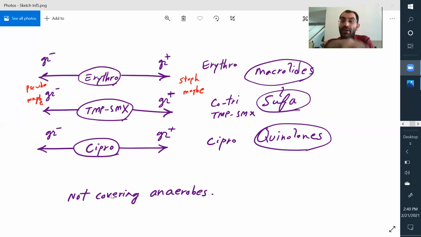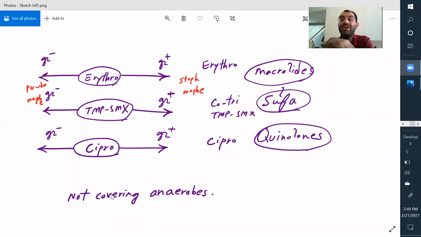Another one, we never use Cipro for the management of CAP, community-acquired pneumonia. Why? Cipro is a fantastic antibiotic. It's a broad spectrum antibiotic.